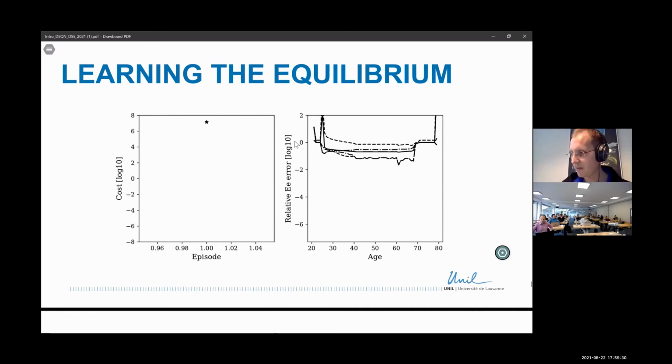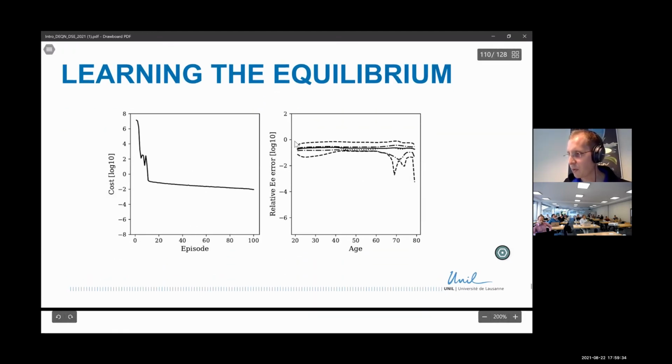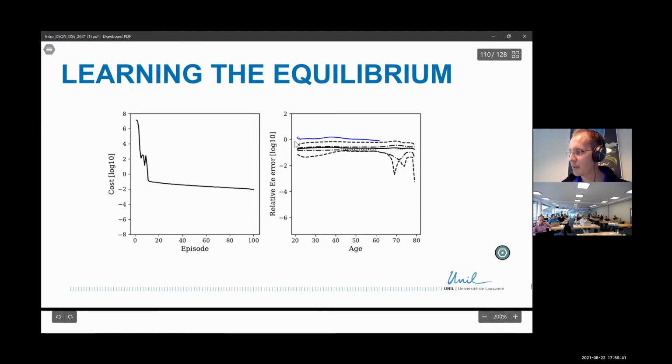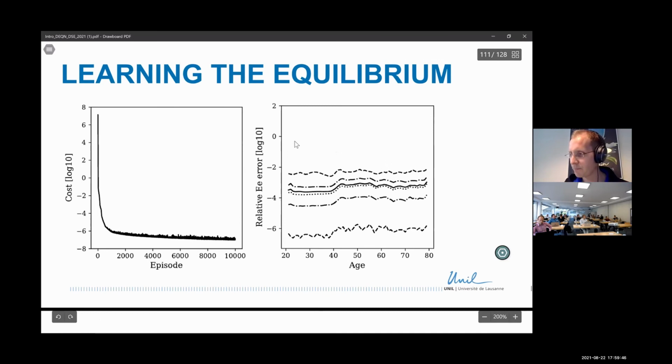When you look at the different age groups, the error goes down, to just below 0 in log 10. So after a reasonable amount of time, the average Euler error is at a reasonably low level. And again, you can solve this on a laptop, which is, I think, pretty cool.